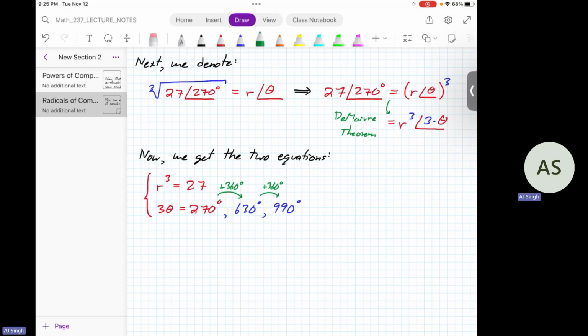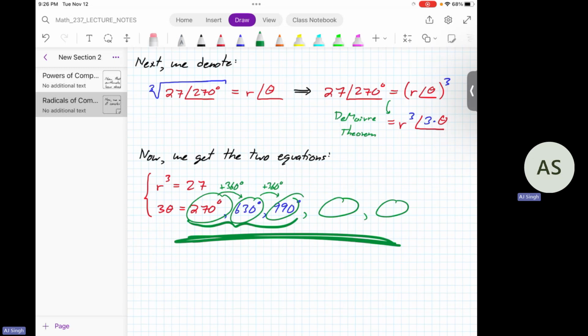Because you need 3 of them, we have to find 2 coterminal angles so that in total we have 3 angles, right? 1, 2, 3. If this was a 4th root, you would have to find a 4th coterminal angle as well. If it was a 5th root, you'd have to find another one so that you have 5 angles in total.